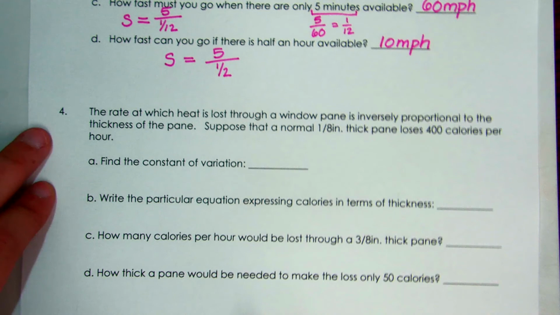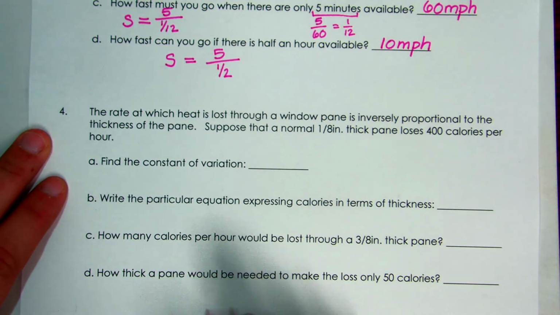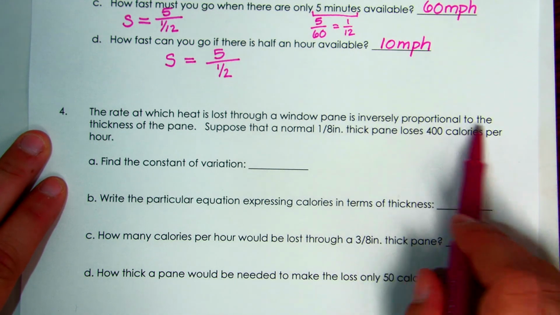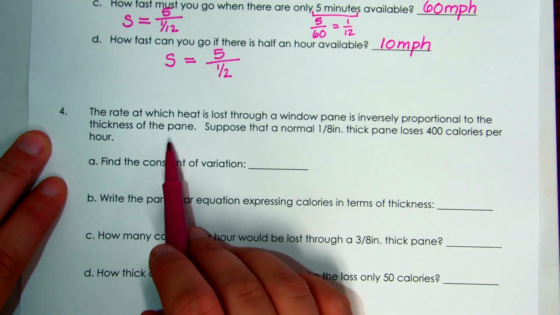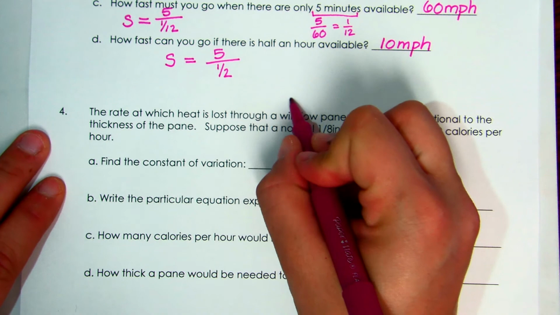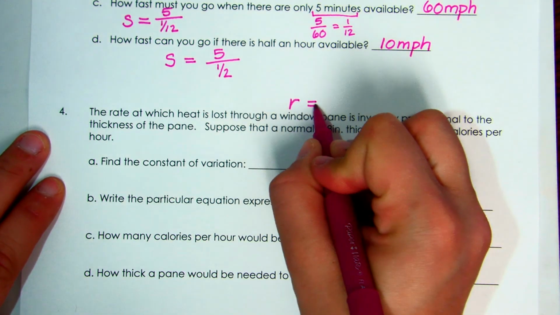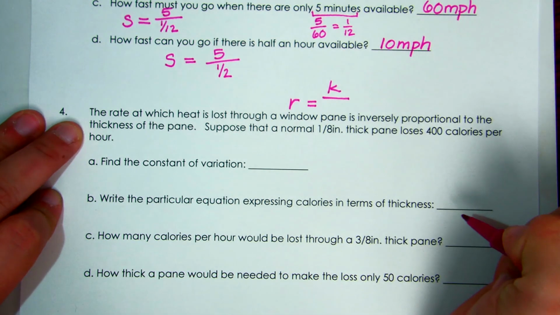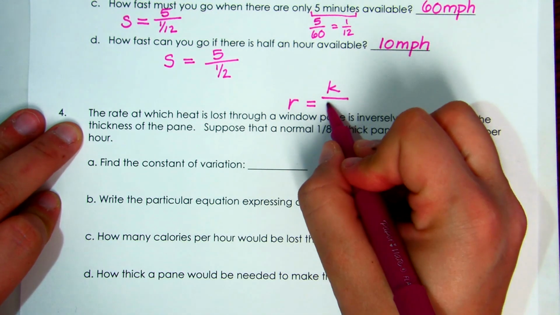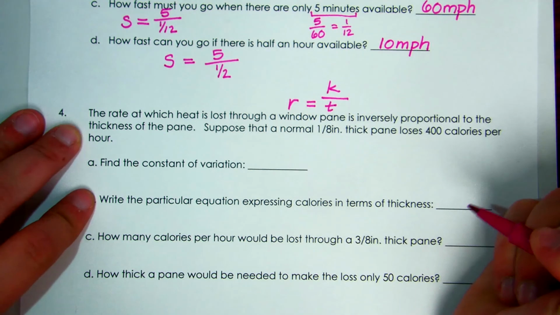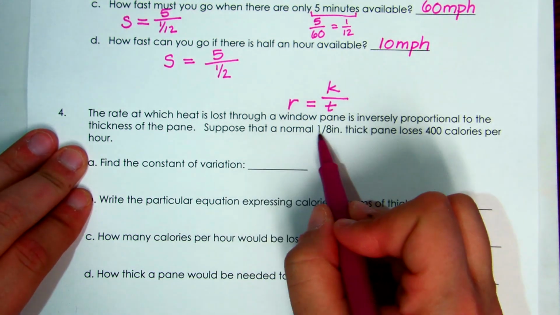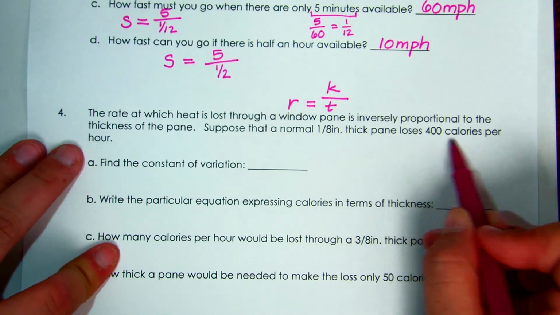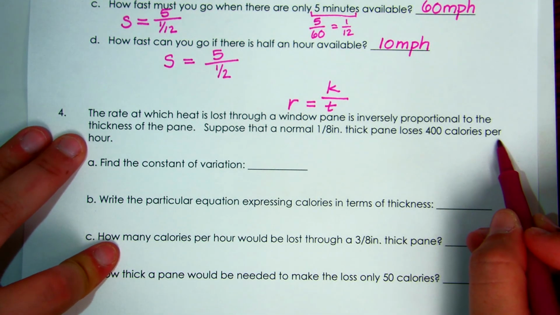Number 4, the rate at which heat is lost through a window pane is inversely proportional to the thickness of the pane. So we're doing the rate that the heat is lost equals K divided by the thickness of the pane, so the T for thickness. Suppose that a normal 1/8 inch thick pane loses 400 calories per hour.